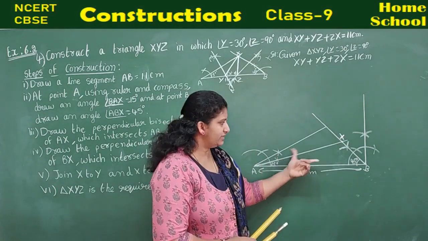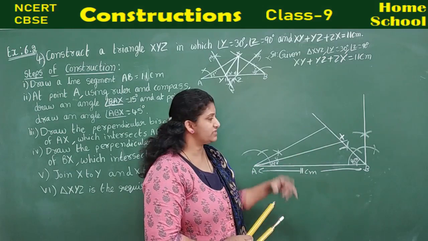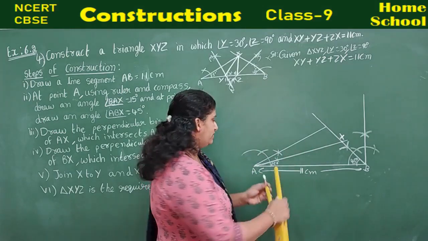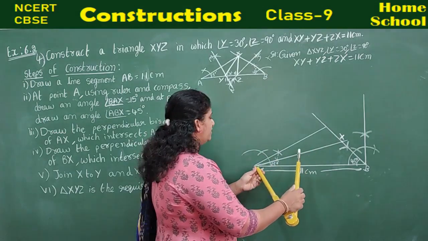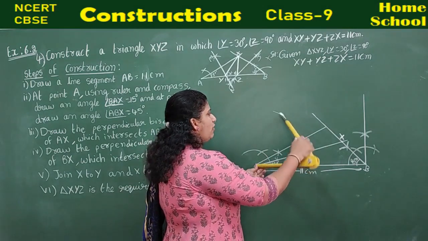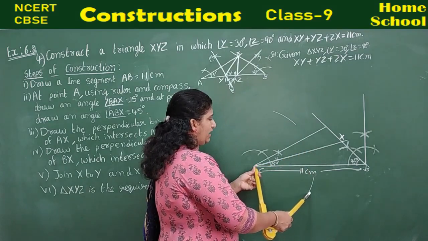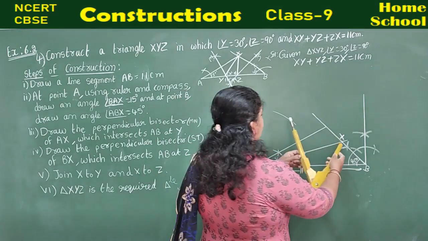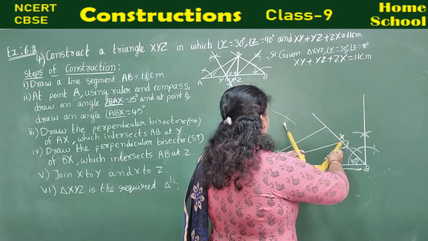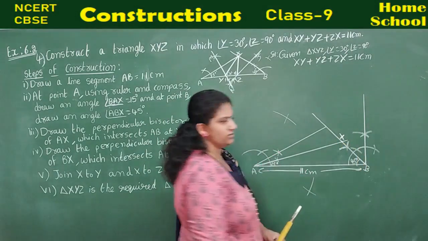Take AX and BX. Draw perpendicular bisectors for AX and BX. Let's start with AX. How to draw the bisector? More than half, draw one arc above and one arc below. Now from X as a center, with the same measurement, don't disturb the radius.